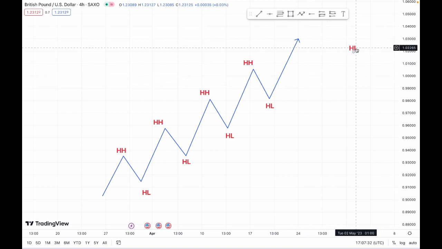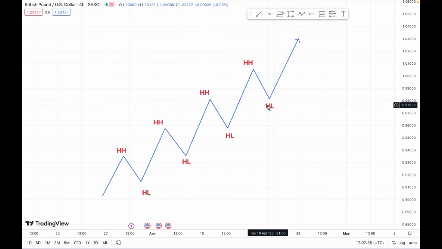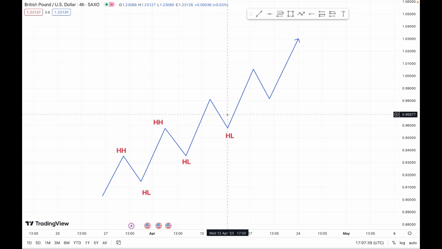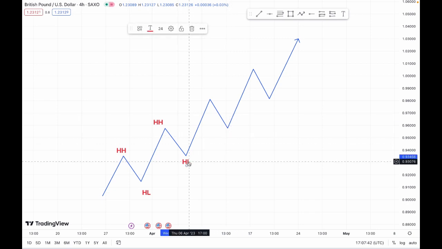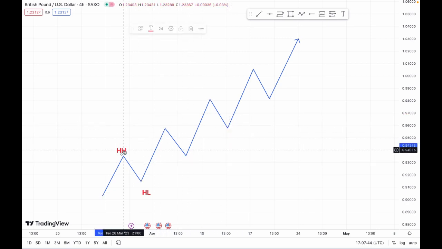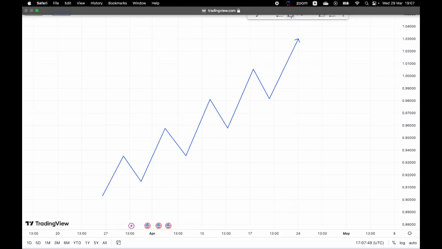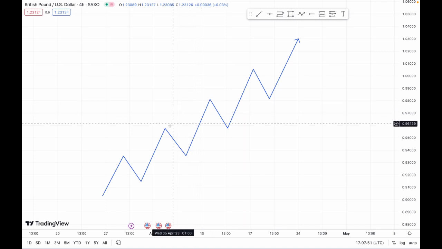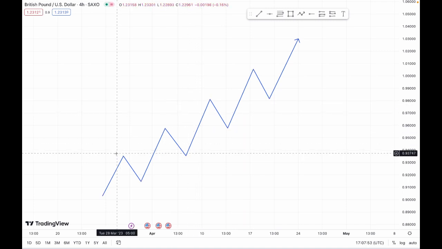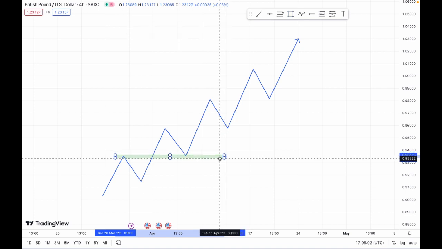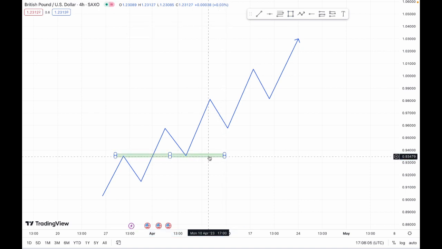Let me just delete all of these things. So how do you trade an uptrend? You basically trade an uptrend by buying when the market is at its lowest point in that time period, as I mentioned in the previous example.